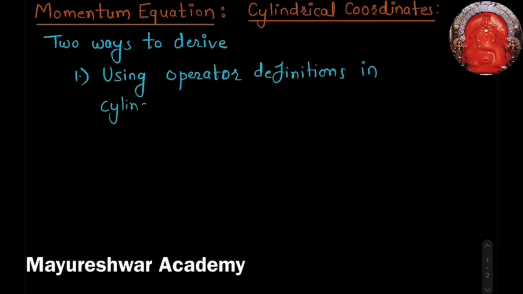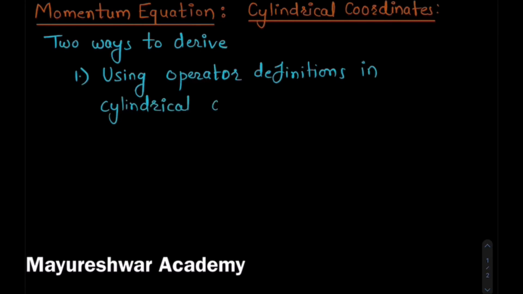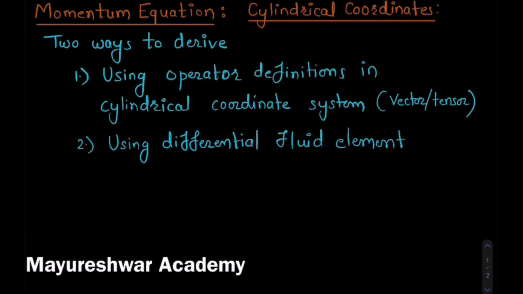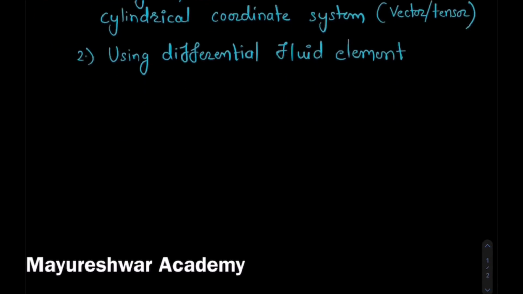So we can use these directly in the cylindrical coordinate system, since those definitions are for vectors or tensors. The second approach is using a rigorous differential fluid element consideration in the cylindrical coordinate system and then deriving all these equations. So we are going to use the generalized form.